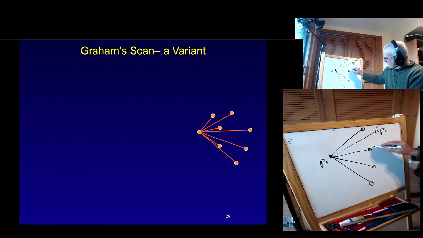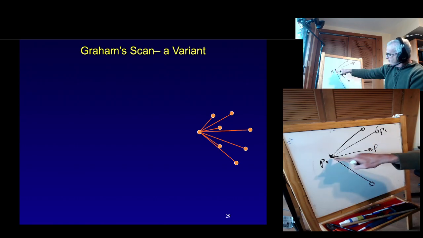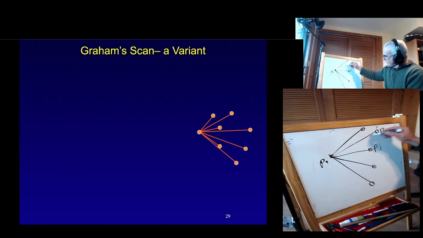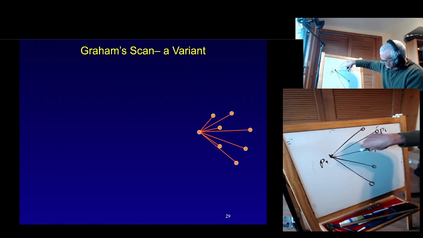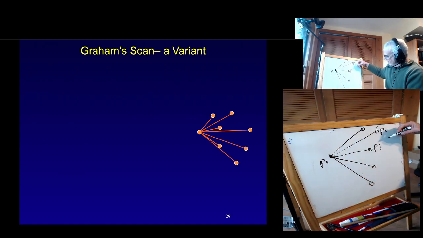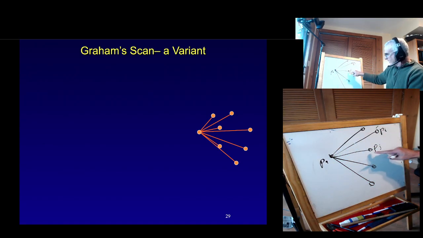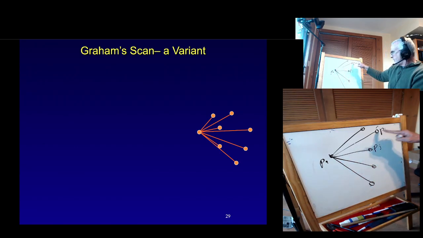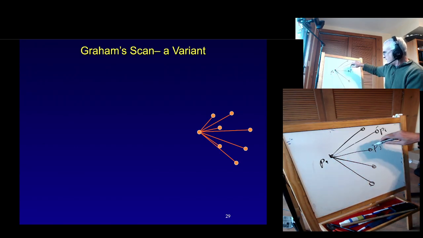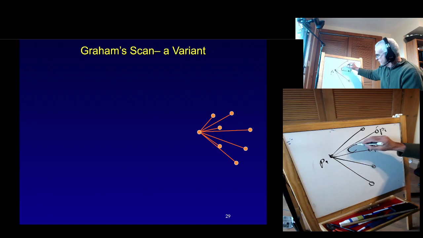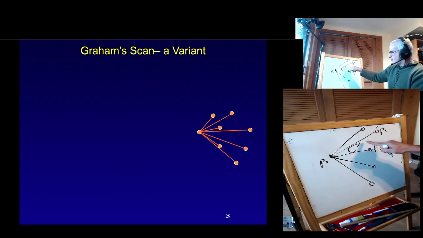I'm asking, if I'm going from Pi to P1 to Pj, have I turned left, or, in the other case, from Pj to P1 to Pi, have I turned clockwise?